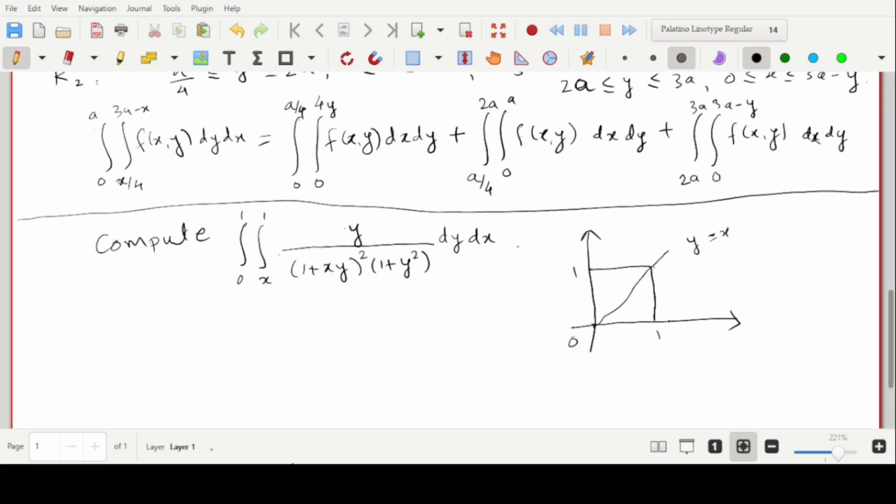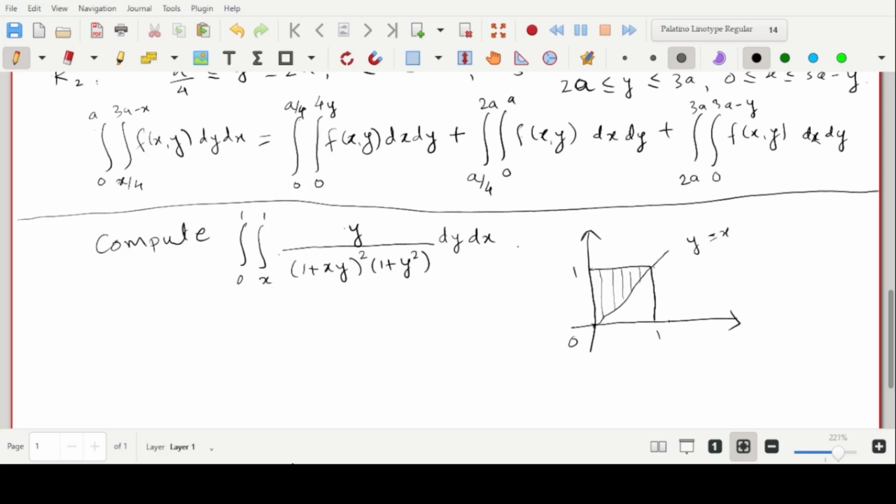So x varies from 0 to 1 and y varies from x to 1. So it is this triangle basically that we are integrating over.